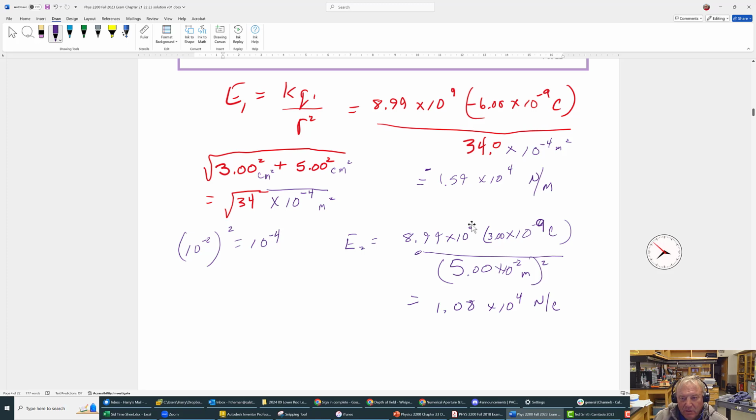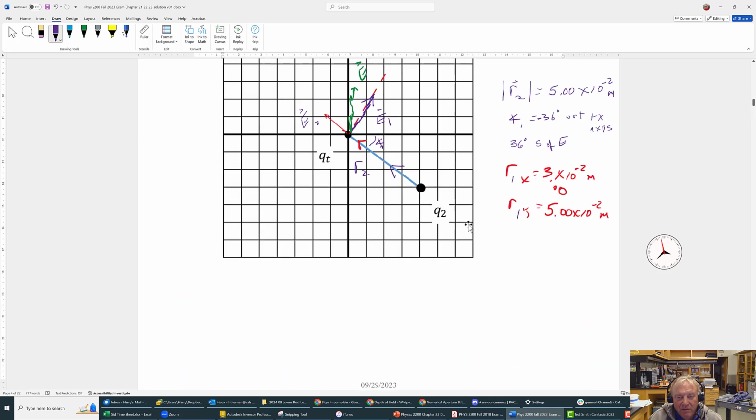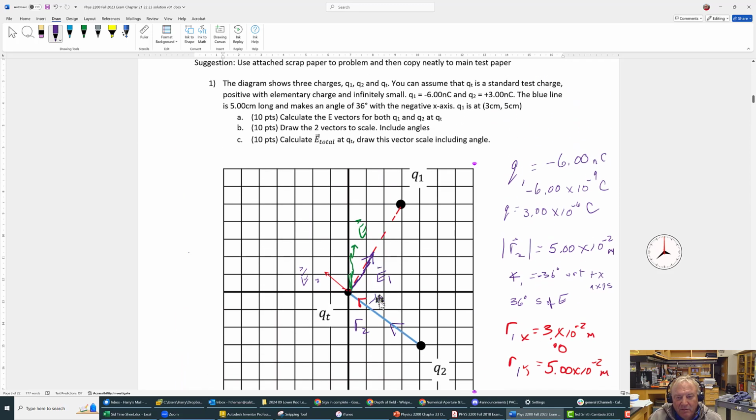So we have to do some trig. Well, we know this angle, that helps. So we got to find out what this, the Q1 angle is. And, wow, why do I keep making this mistake? This is 2.